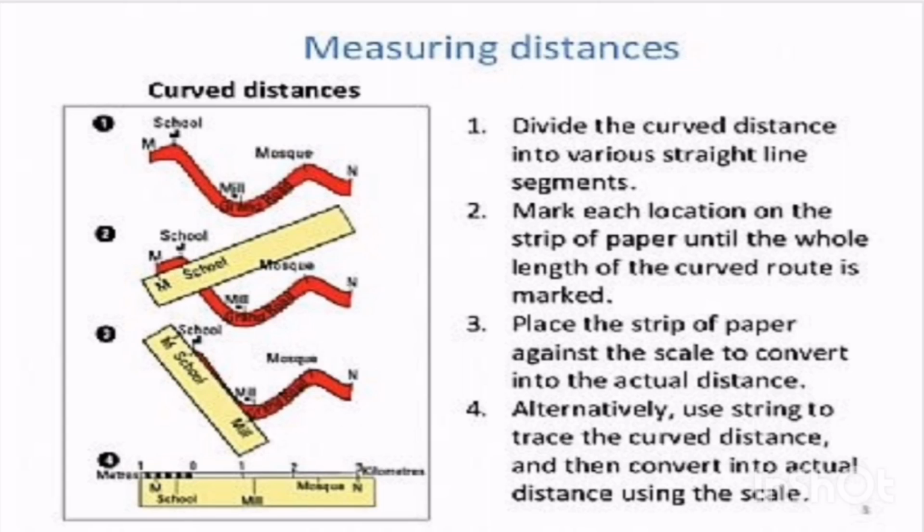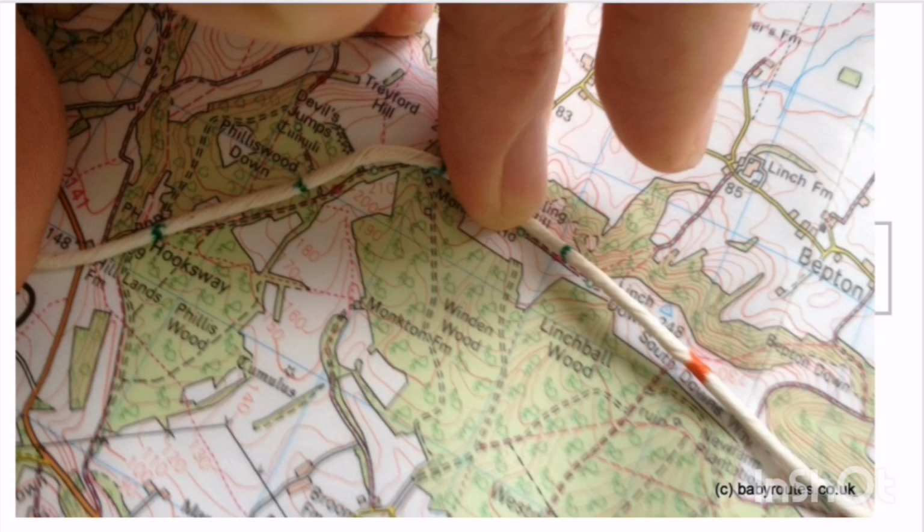Now the method of using thread. How can we calculate the distance with the help of a thread? Simply we take a piece of thread and put a knot at one of its ends. Then place this knotted end at the starting point and move along the curve. Mark the end point with an ink dot on the thread.